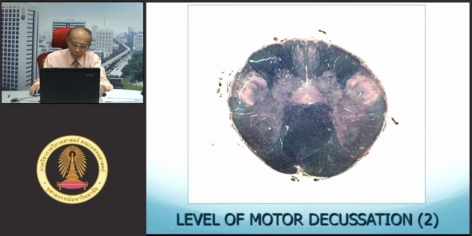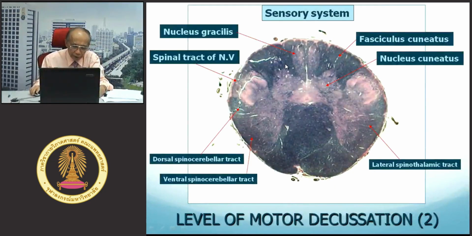The level of motor decussation number 2. Number 1, the sensory system includes the fasciculus cuneatus, nucleus cuneatus, nucleus gracilis, spinal tract of the trigeminal nerve, lateral spinothalamic tract, dorsal spinocerebellar tract, and ventral spinocerebellar tract.